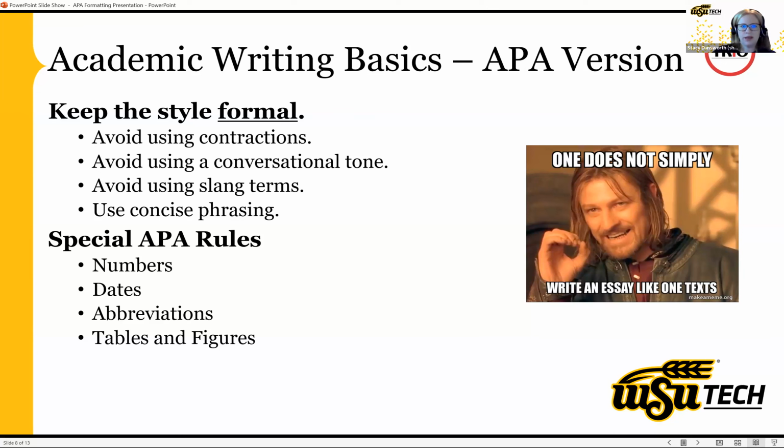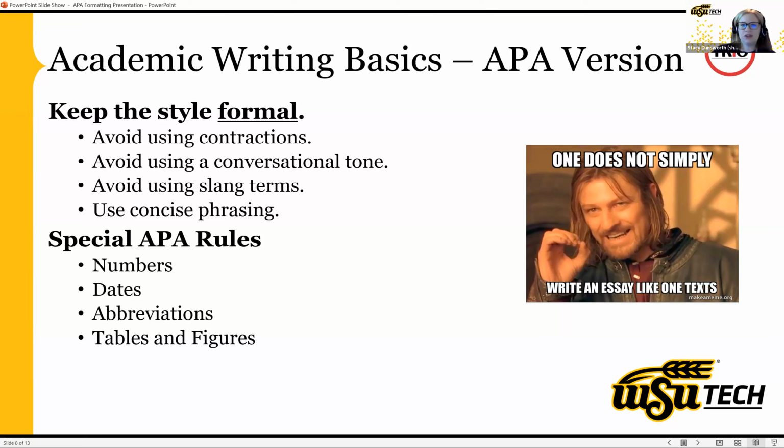So first of all, in academic writing, we never use contractions. So that means that instead of saying it's, we say it is. Instead of don't, we say do not. Instead of can't, we say cannot. We never use contractions, okay?